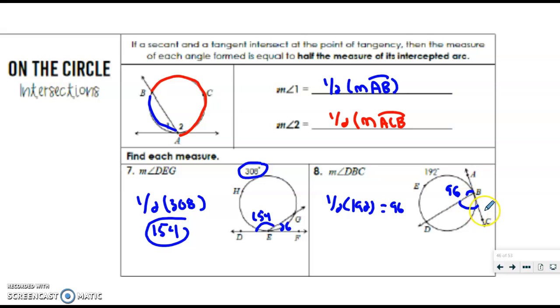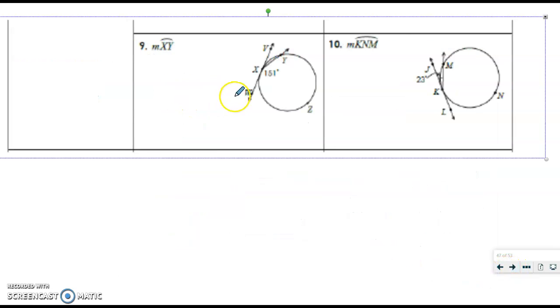And if I wanted to figure out what angle CBD would be, or DBC in this case, I could just take 180 and subtract 96 from it, and you would get that angle to be 84 degrees. And that would be what you're looking for, 84. Okay? Looking at this next one here, same idea. We're trying to find XY.